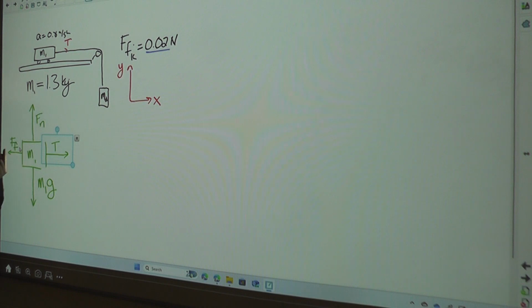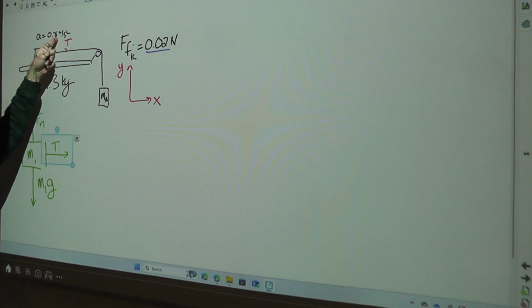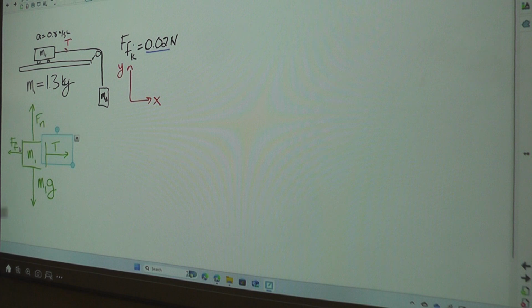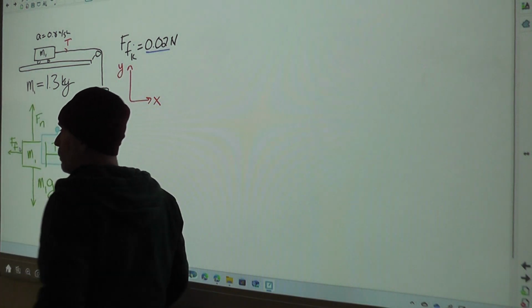If the friction force were greater, it wouldn't be accelerating to the right, it would be accelerating to the left. The only way we can get acceleration to the right is to have tension greater than friction. The overall force is to the right, which means the acceleration will be to the right. Okay? This is our free body diagram for the first mass.